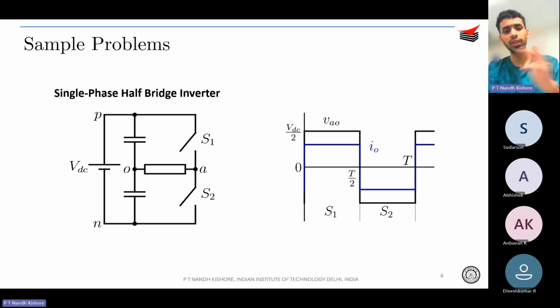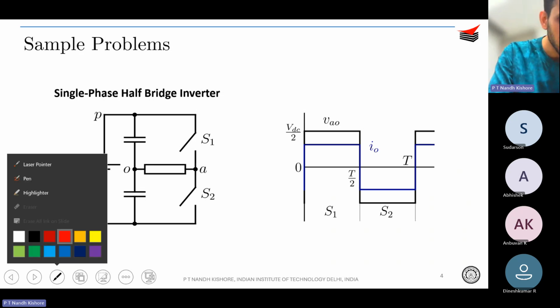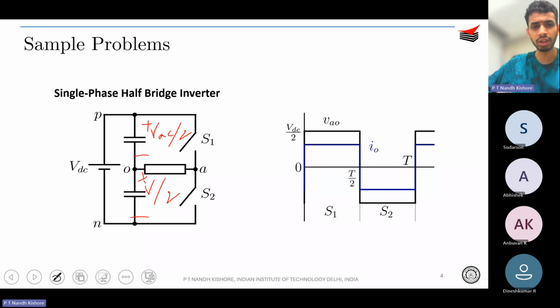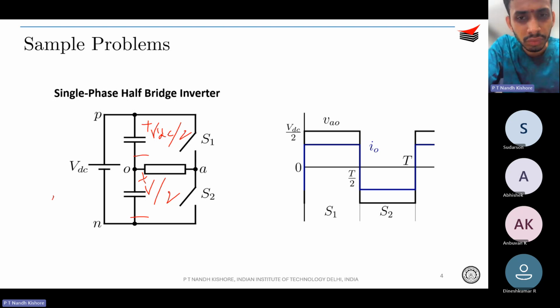During the complementary half cycle, S2 is turned on and S1 is turned off, so VAO is going to be negative, because this point is plus VDC by 2 and this is another VDC by 2. So when S1 is turned on and when S2 is turned on, you can understand what voltage is going to get applied.